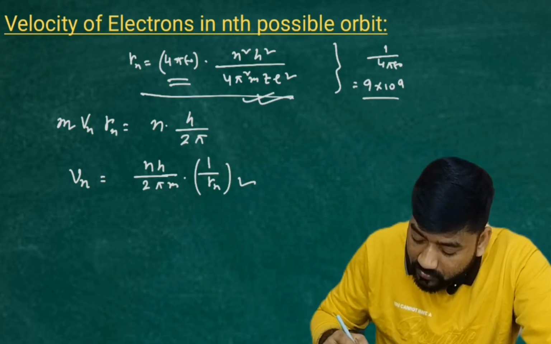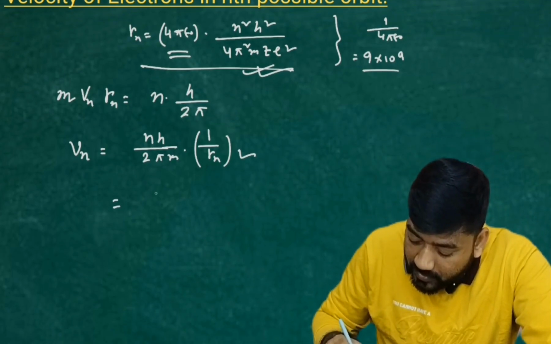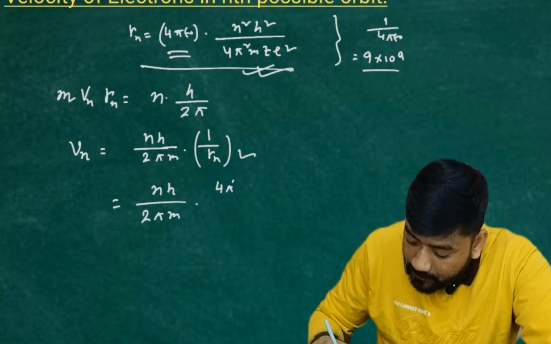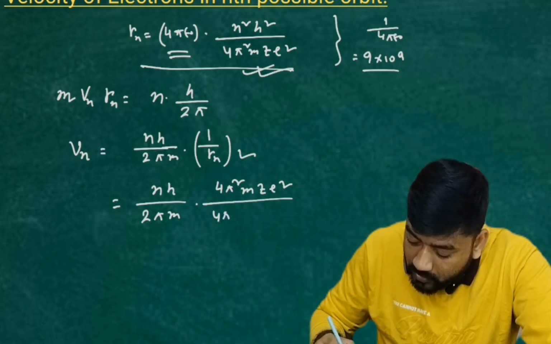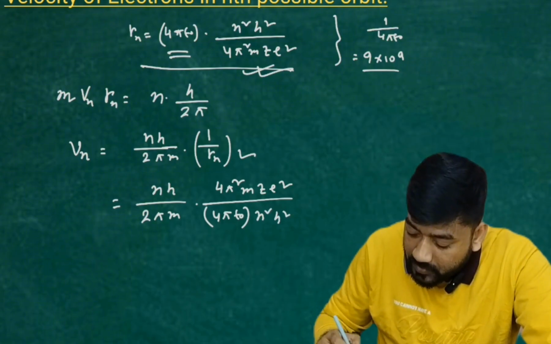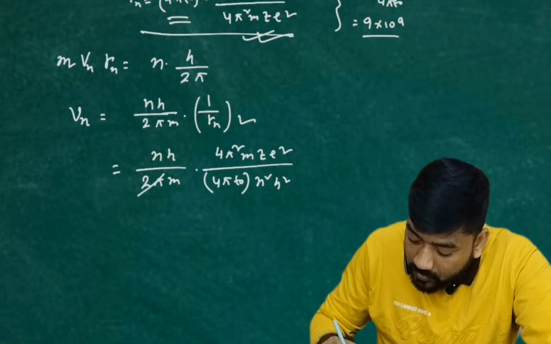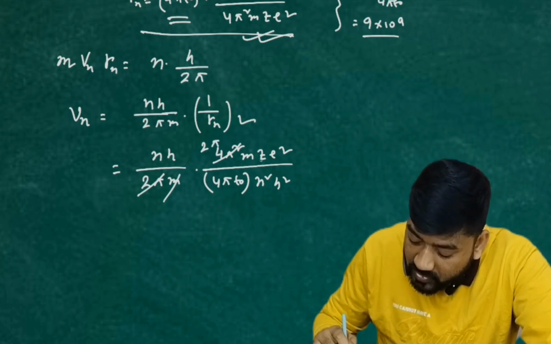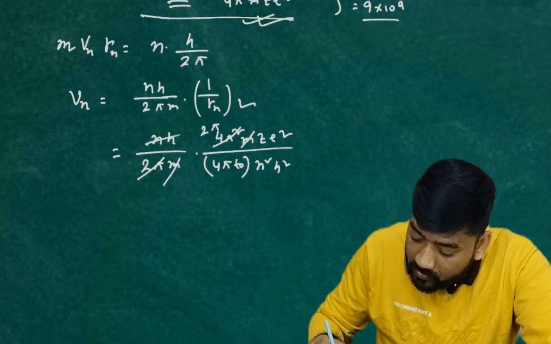So in this expression 1 upon Rn you can substitute this. So if you substitute this, what you will get? You will get just nh upon 2 pi m into, it will be just reciprocal of this, so 4 pi square m z square upon 4 pi epsilon naught into n square h square. Now what will happen here? So here 2 pi and 2 pi will cancel out, 4 pi square, 1 m will also be cancelled out, and 1 nh will also be cancelled out.